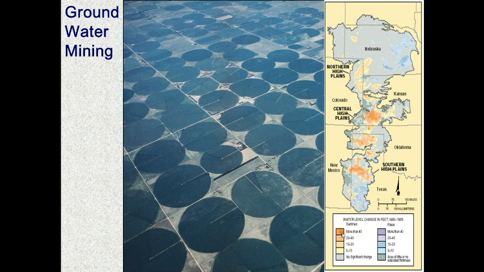Orange is more than 40, and the green is an area of little to no change. I can't read it. It's not much change. Purple is more than 40 feet rise, though.